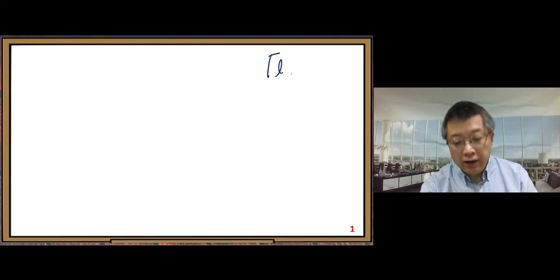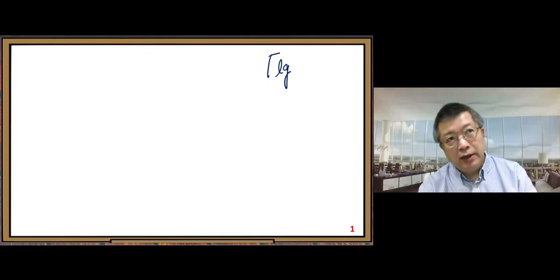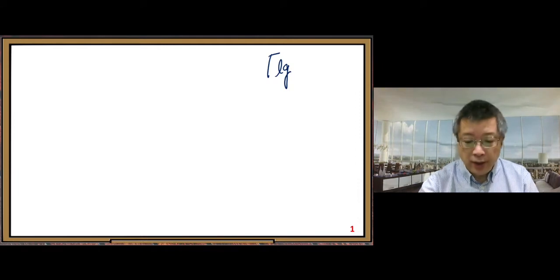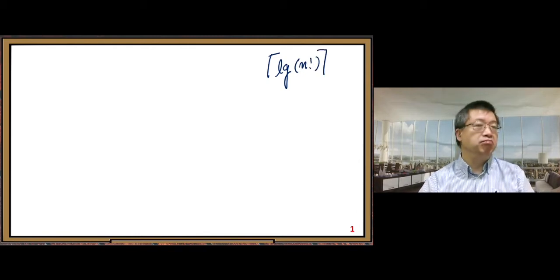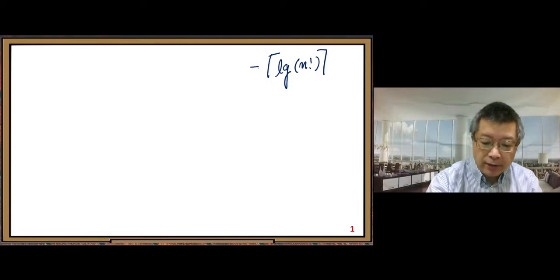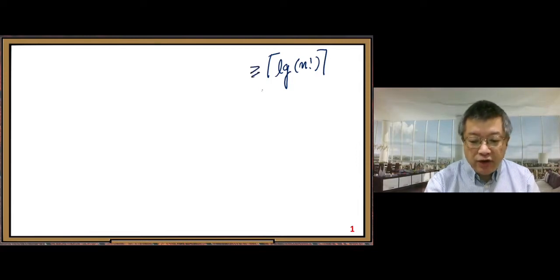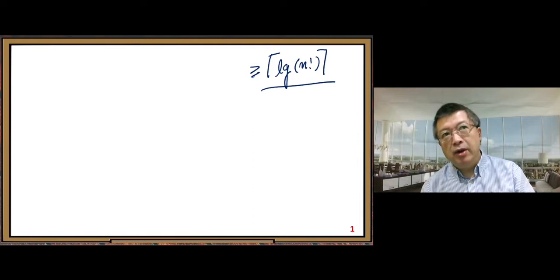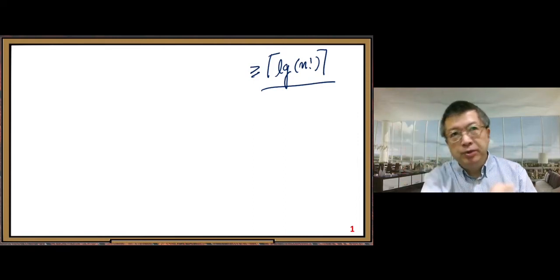It should be log base 2, not natural log. It's log base 2 of n factorial, ceiling function. So that's the general lower bound. If you can get to this number, you must get the optimal solution.